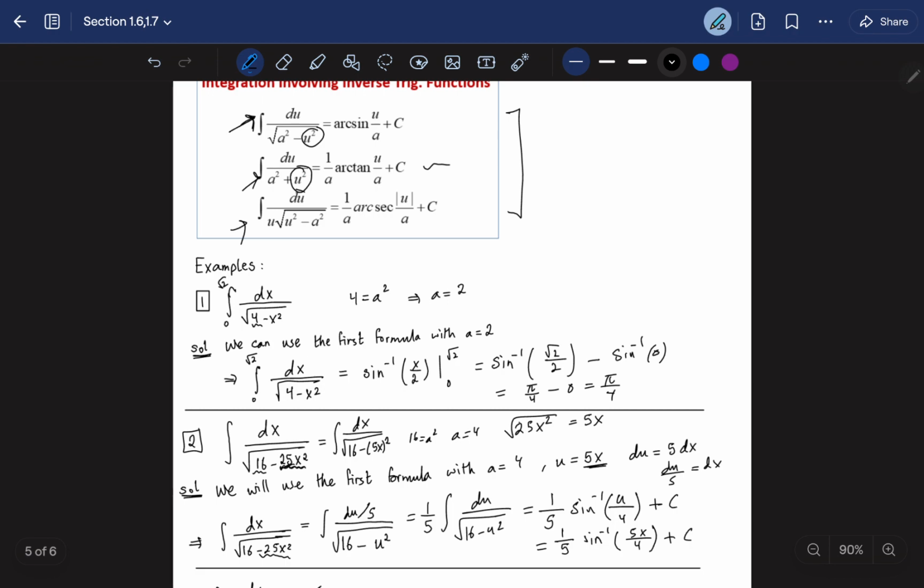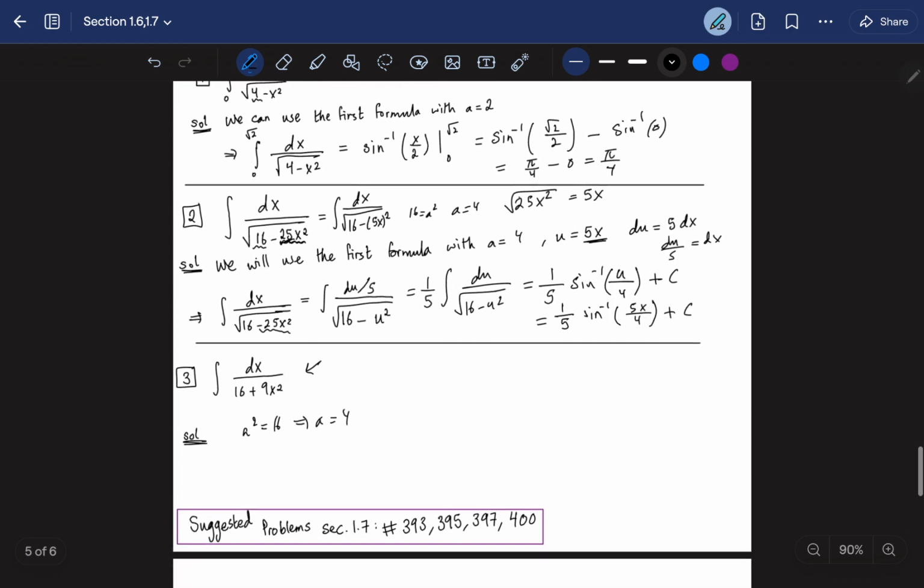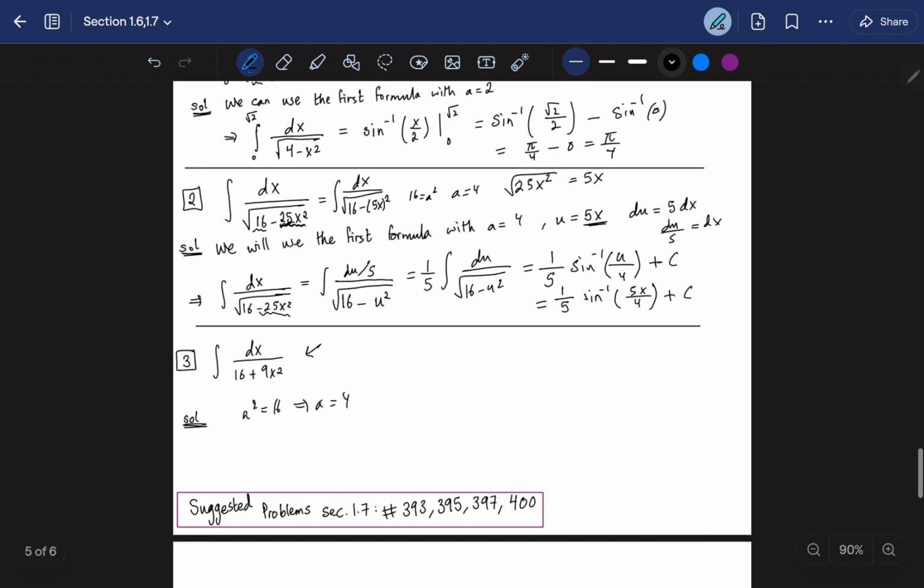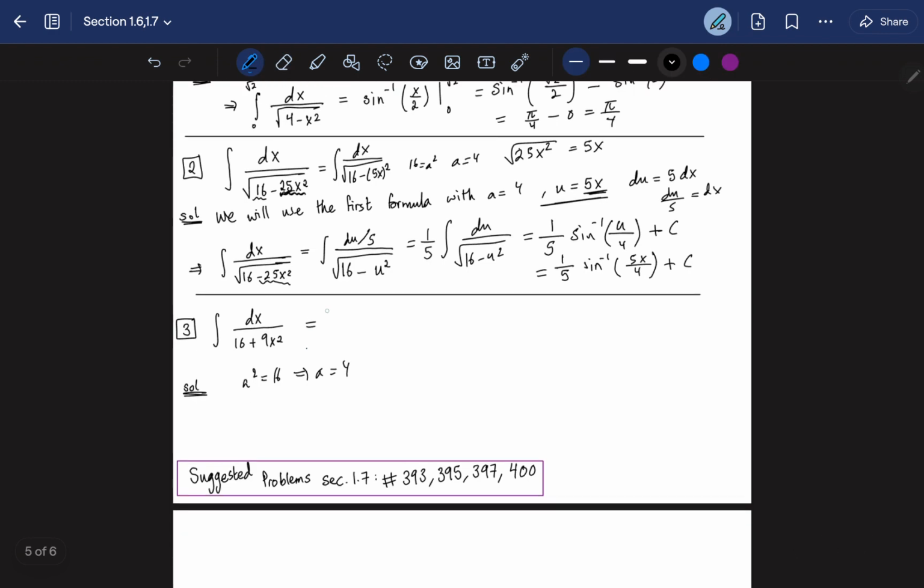So I need something squared without a number. So repeating the same trick that we did in this part, how about we rewrite it first? If I rewrite the denominator to be 3x squared, it's kind of obvious that my u should be just 3x.